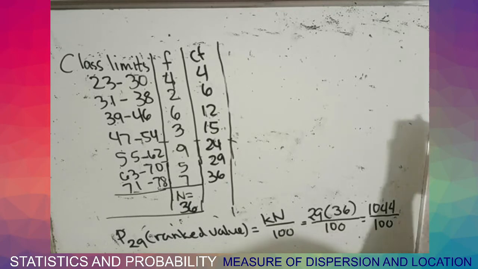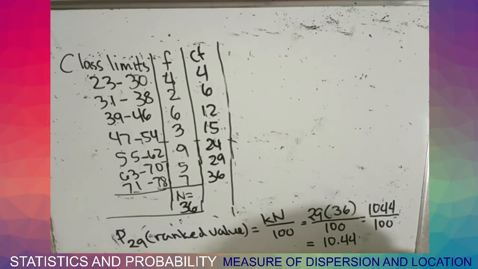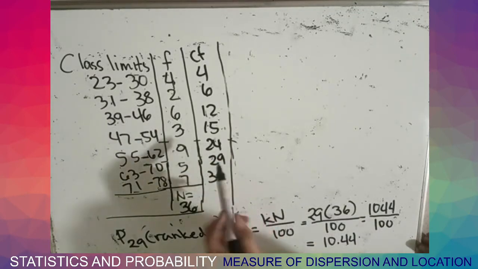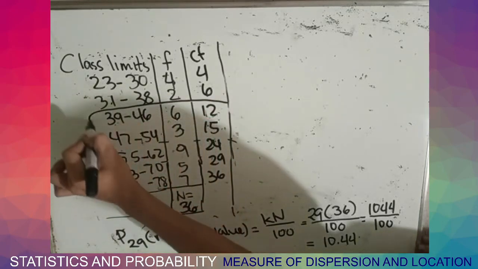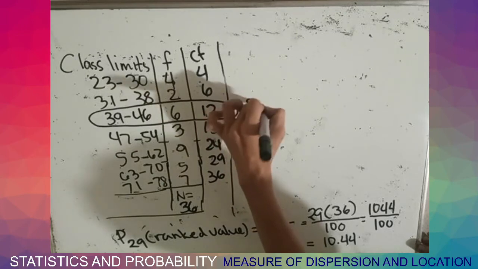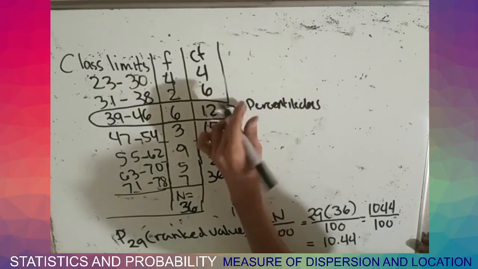It will be 10.44. Hanapin natin si 10.44 sa cumulative frequency. Ang pinakamalapit dyan ay si 12, so it will be the percentile class.